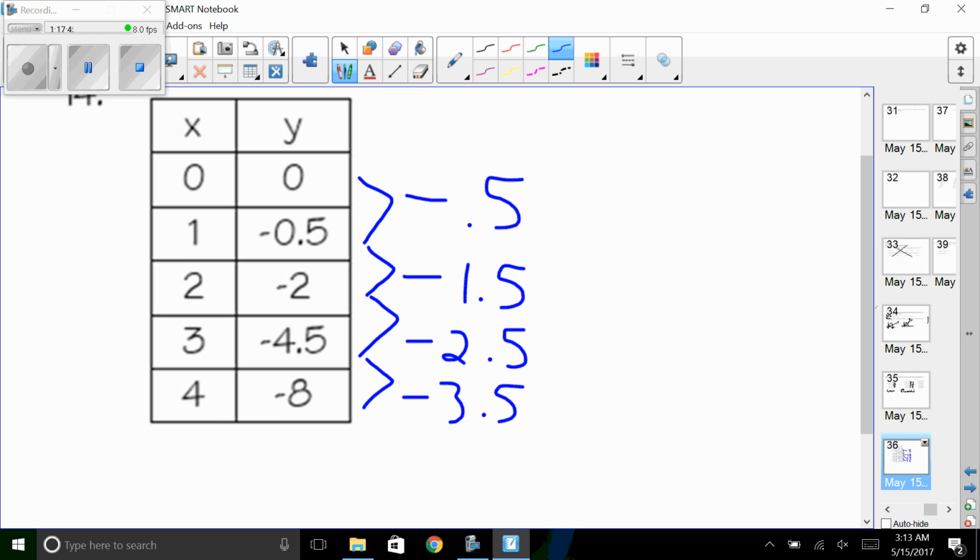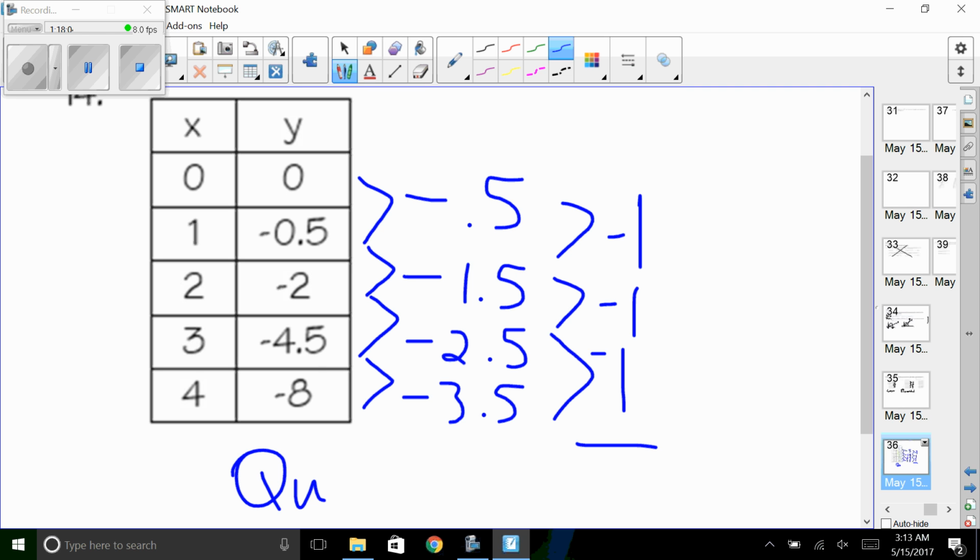Alright, those aren't the same, but let's try it one more time. That's 1, 1, 1, if you subtract each time. So now, because all these are the same, we're going to say quadratic.